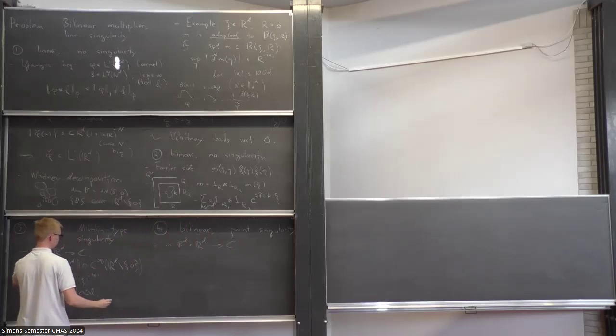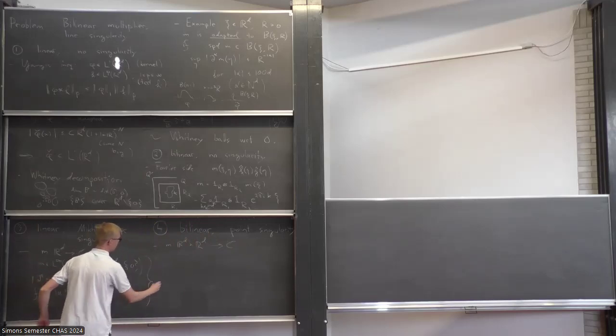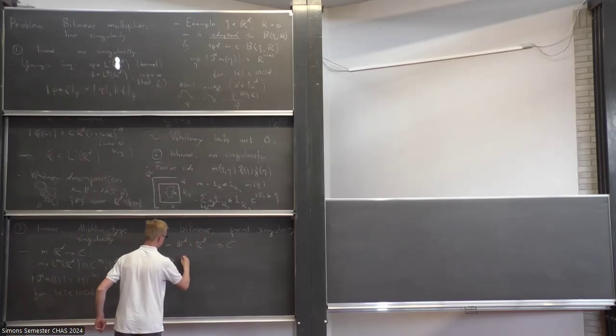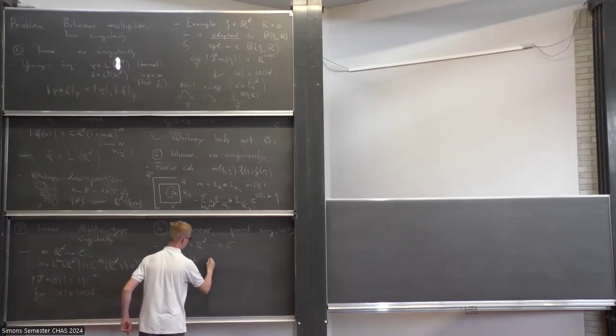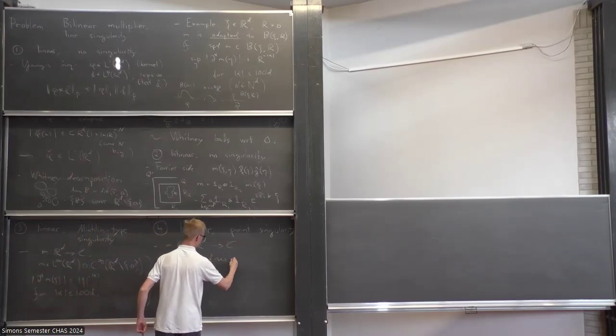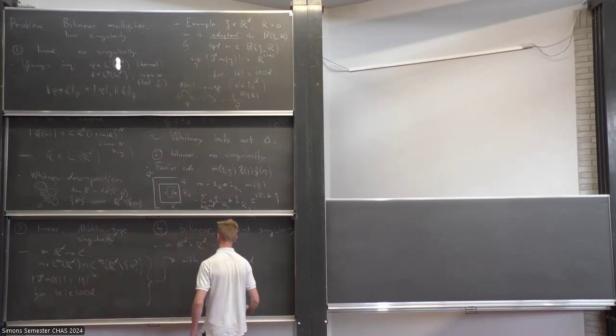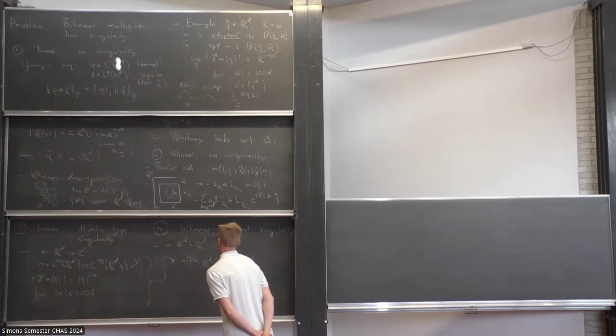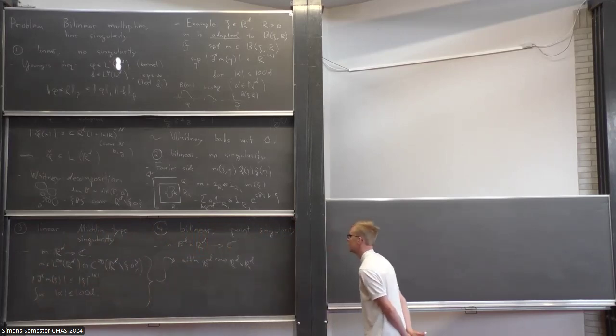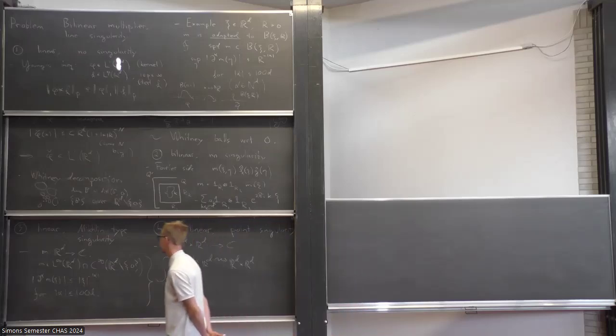Then we take these assumptions, with R^d replaced by R^d cross R^d, so R^{2d}. And okay, now the game would be that instead of the linear type bound, we would like to prove the bilinear one.